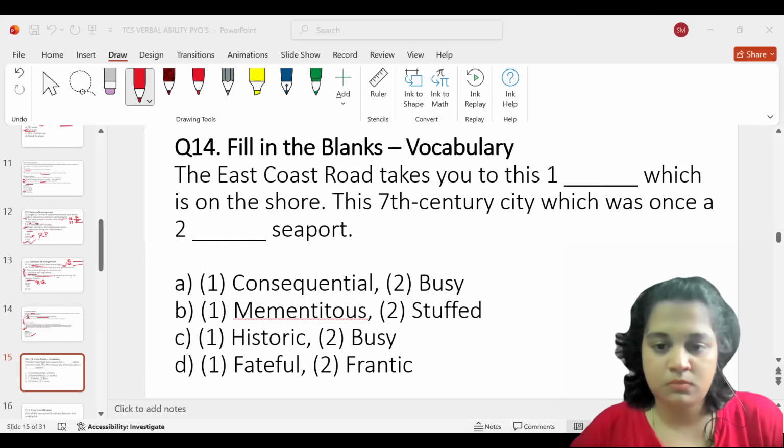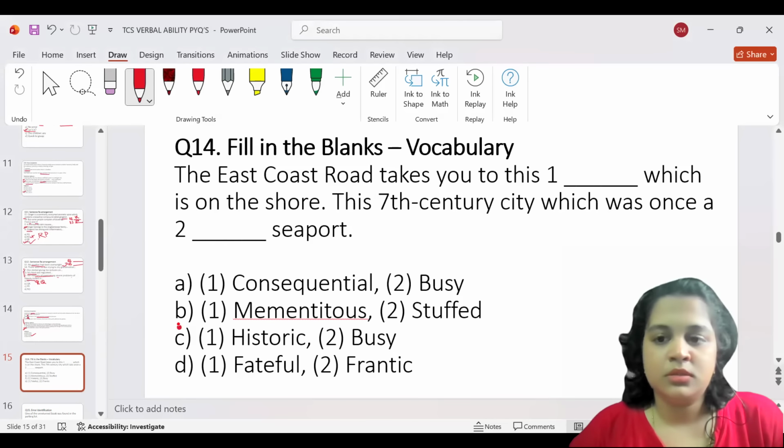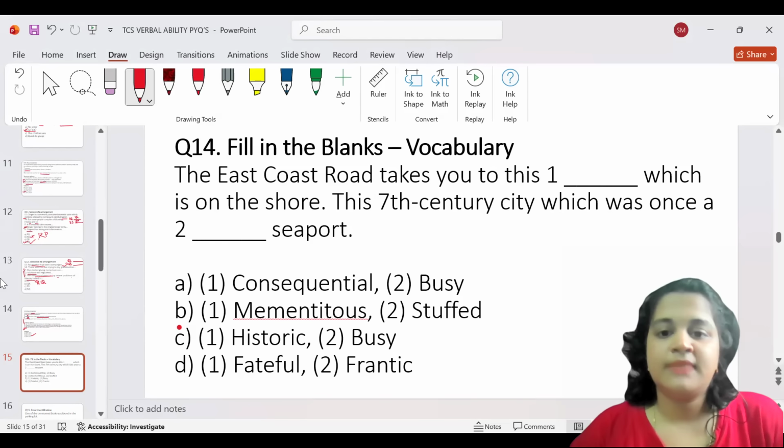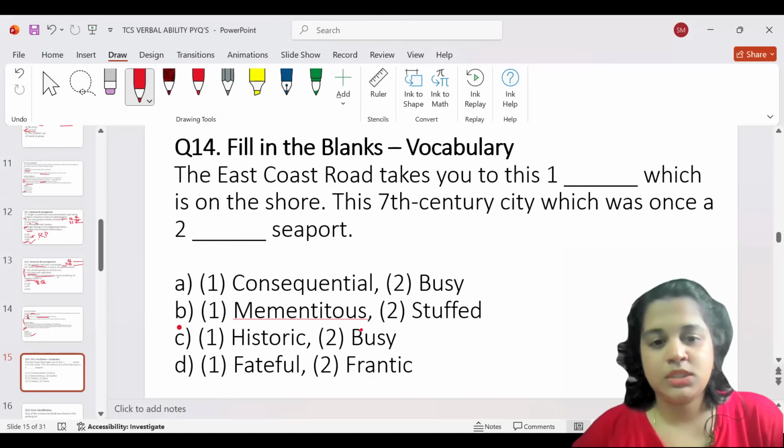Let us look at the other option as well. The stuffed steamboat does not seem correct. It's not going to be that. So it will be the East Coast Road takes you to this historic, which is on the shore. This 7th century city, which was once a busy seaport.